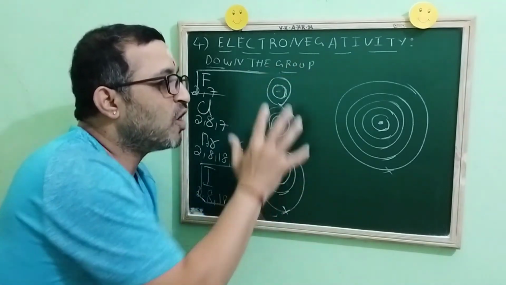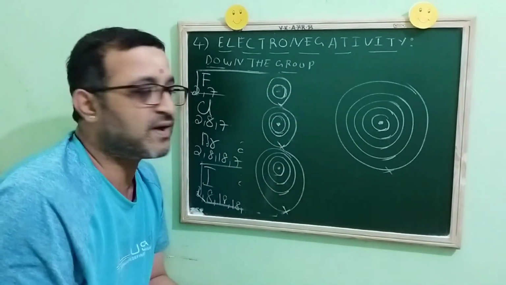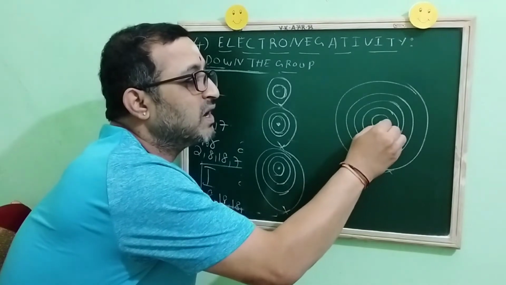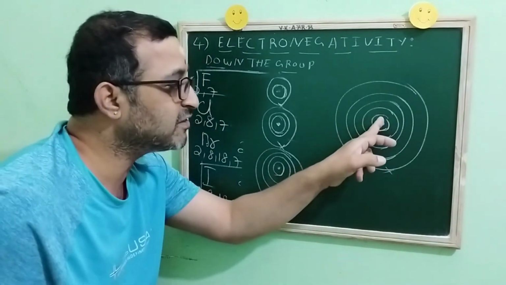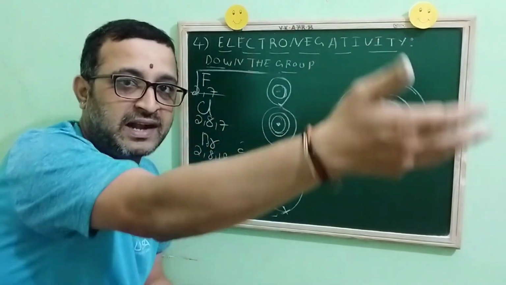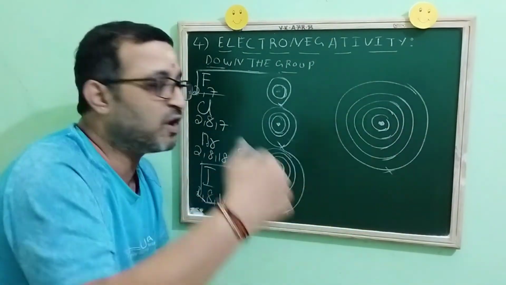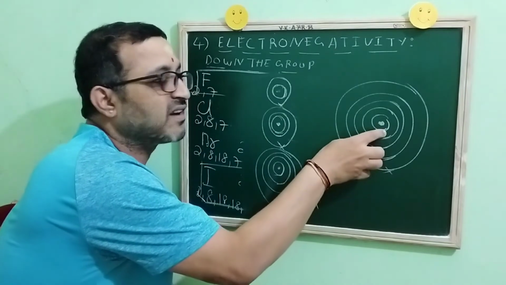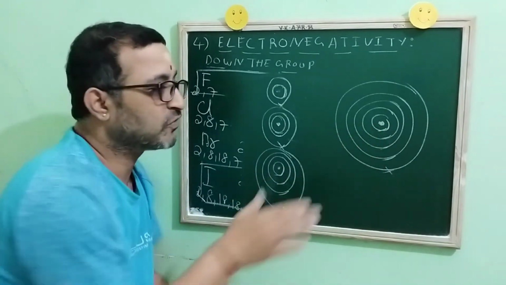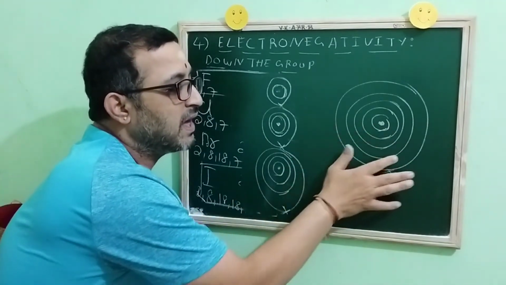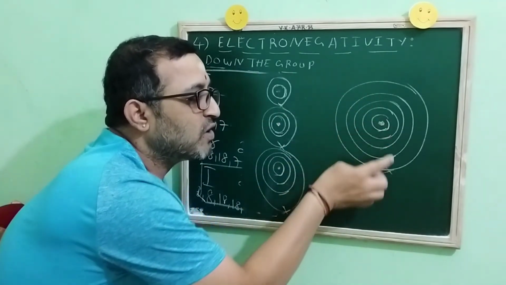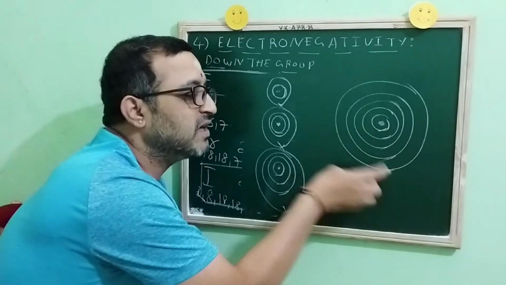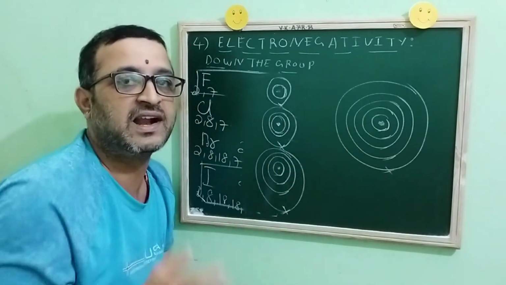Increasing. So, because of the increase in the screening effect, though the nuclear charge is increasing, it is not able to pull the electrons, right? Because of what effect? Screening effect. So these inner shells are acting as screens and they are reducing the force of attraction between the nucleus and the outermost electron.